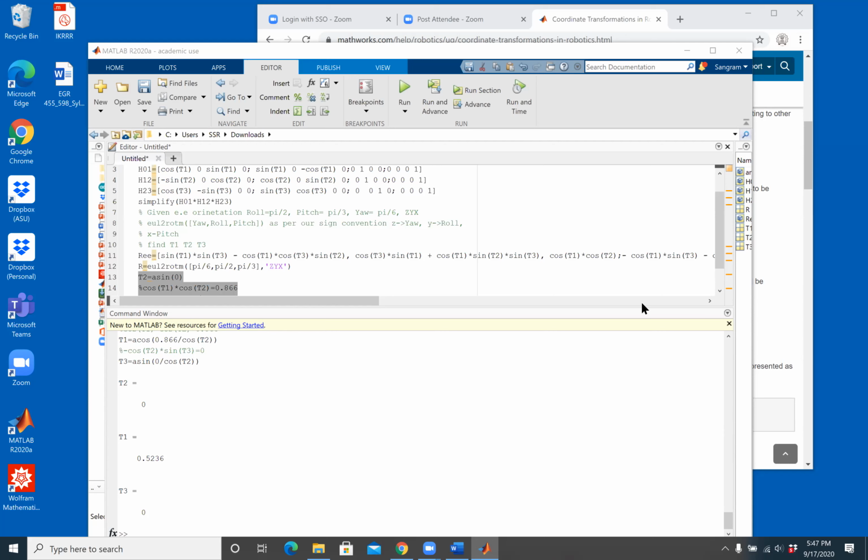So that is how you will solve an inverse kinematics. I will try to work out one more problem next class, wherein we do the whole thing for a 6 degree of freedom robot arm. That way it will be clear how to separate out the positions part and the orientation part of it.